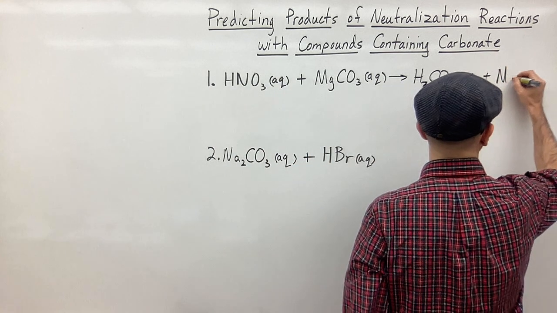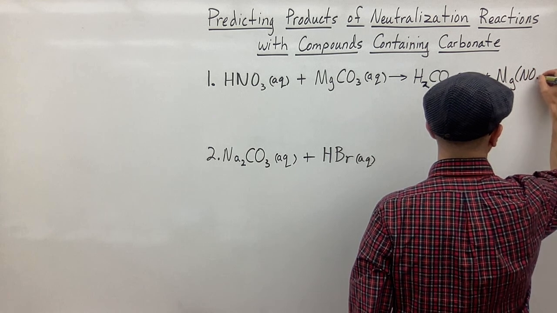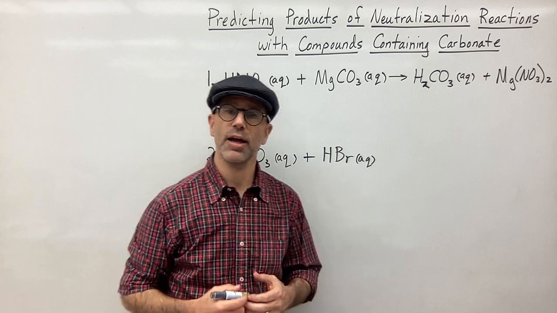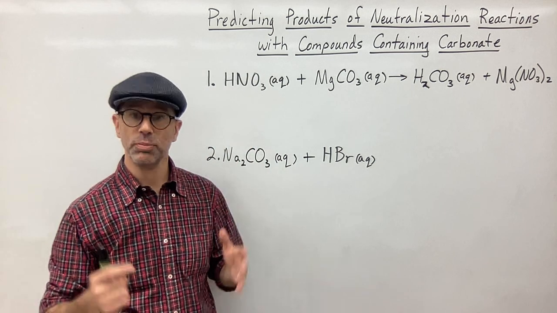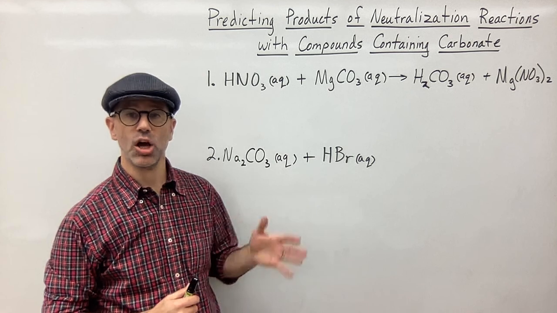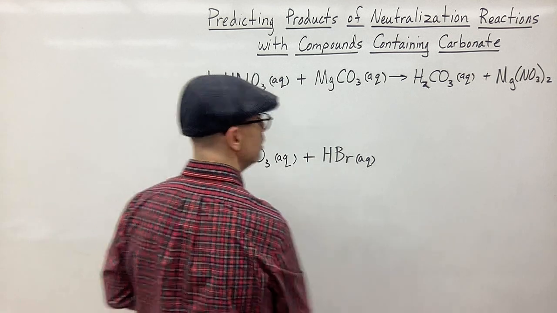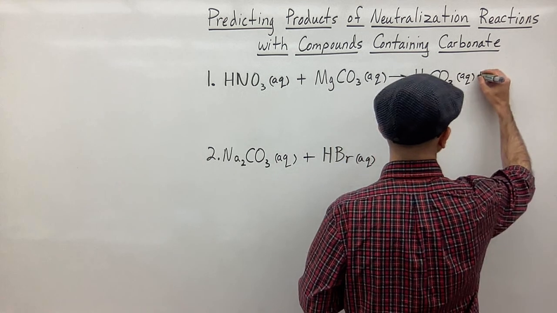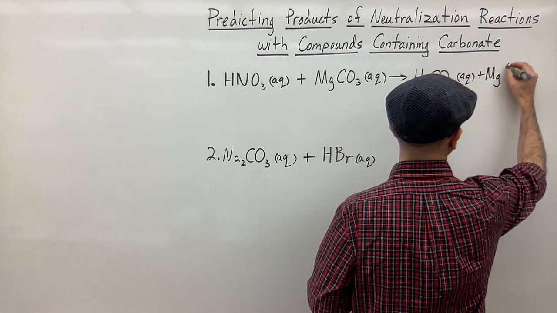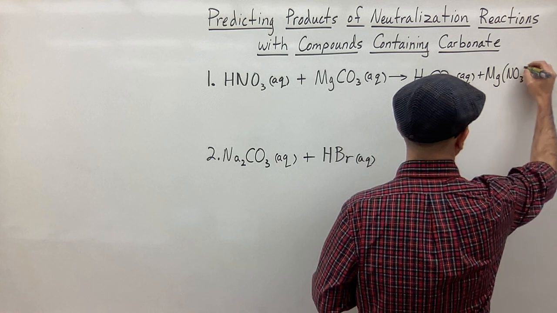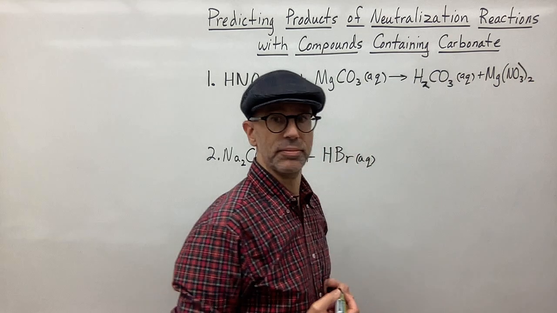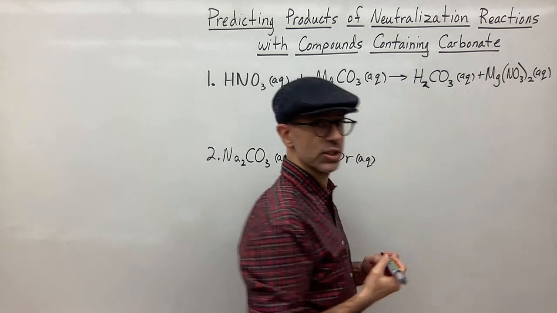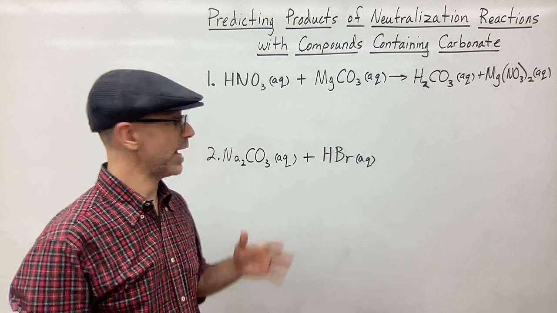So that's going to give us Mg(NO3)2. As we said before, if you follow the solubility rules, which you should be, all nitrates are soluble in water. So Mg(NO3)2 is going to be aqueous, and now we have our two products.